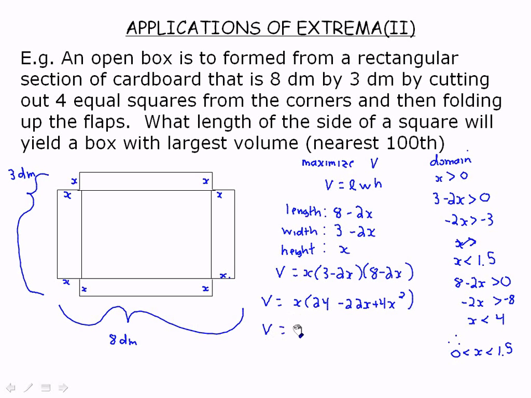So V is equal to, I'll write this in descending order, 4x cubed minus 22x squared plus 24x. And then V prime as a function of x, I'll write this at the bottom, is equal to 12x squared minus 44x plus 24.